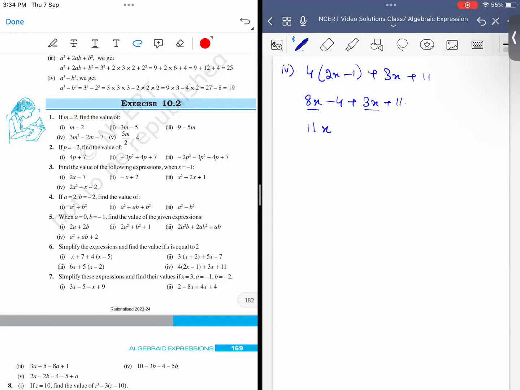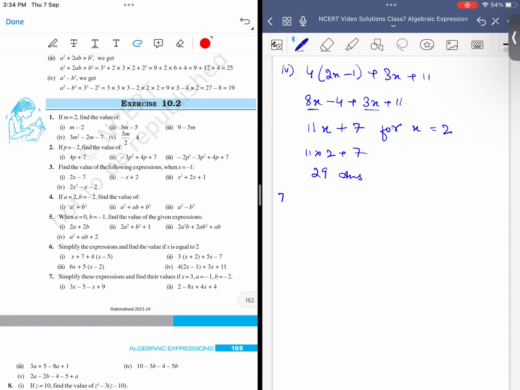And minus 4 plus 11 is also like terms, so it will become plus 7. Now find the value again for x equal to 2. So 11 into 2 plus 7, that is 22 plus 7, that is 29, is the value of this expression. Likewise, you can do that.